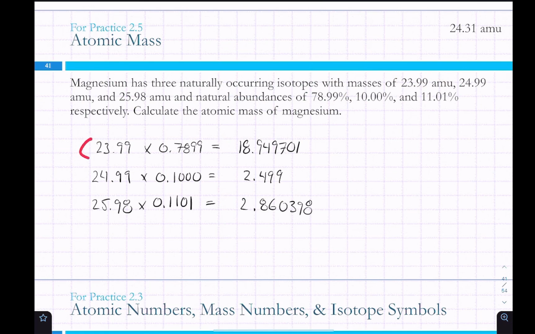Each of these is pretty close together, right? 23.99, 24.99, 25.98. But when you multiply them by the percentage converted into a proportion, so 78.99% becomes 0.7899, you see that the results are very different, and that this 78 is contributing the most to the final mass when we add them all together.